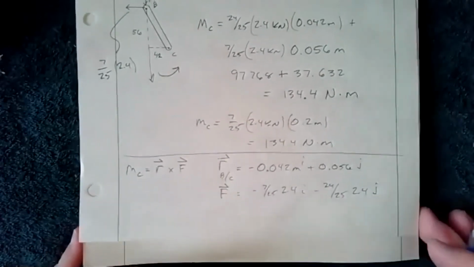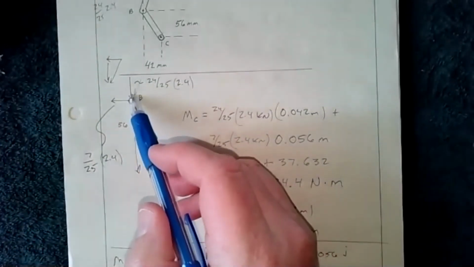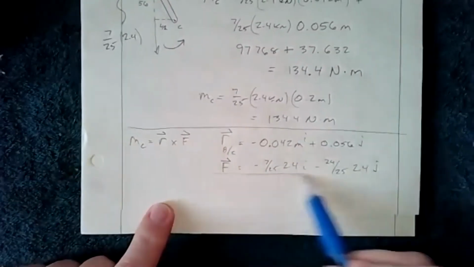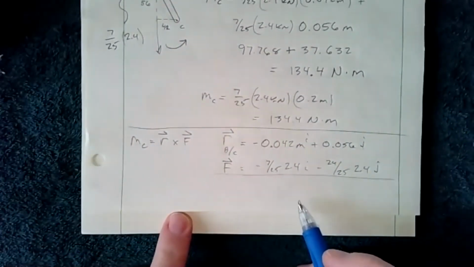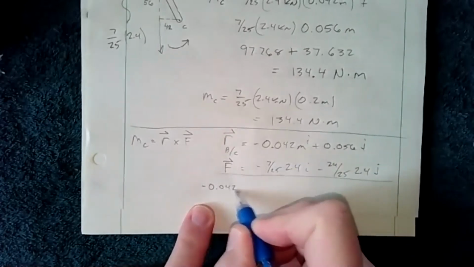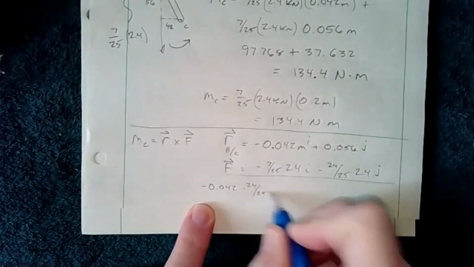And that's because when we look at the force from this point of view, it's negative and negative, both X and Y. So if I go ahead and do my cross product, I get negative 0.042 times 24/25.